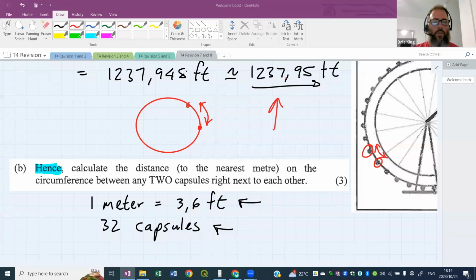All right, guys, we're going to work out the distance between two capsules. There are 32 capsules in a circumference, and there's a conversion for you over there. I'll give you a couple of minutes. I've given you some information to be able to do this one.